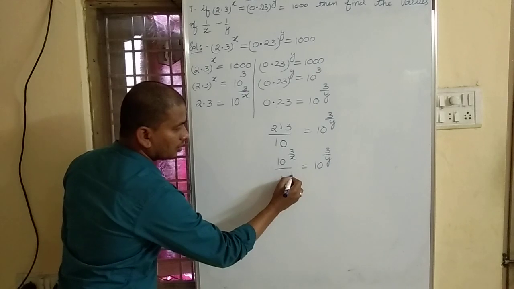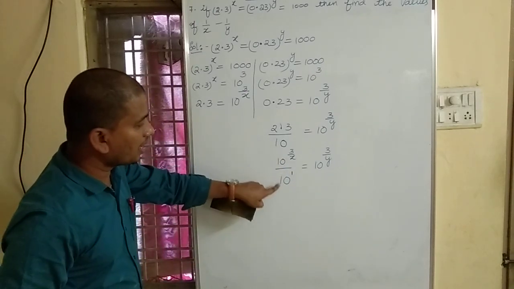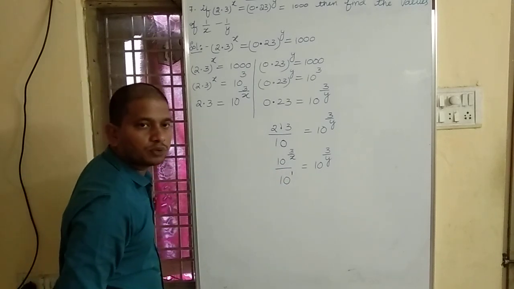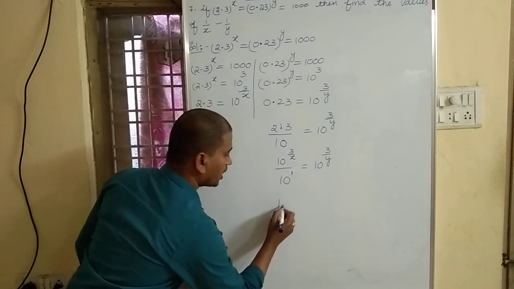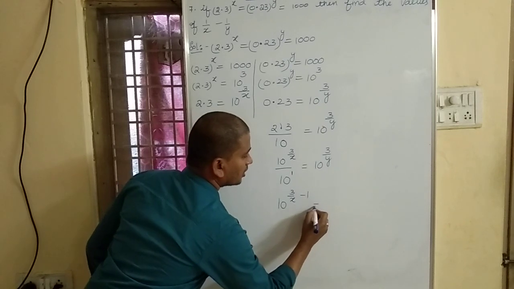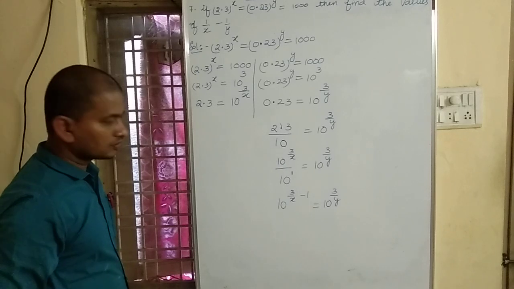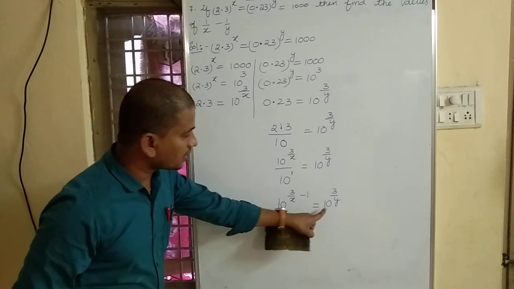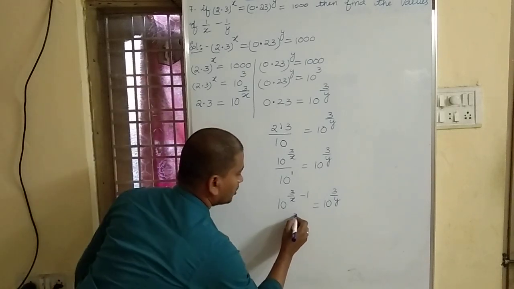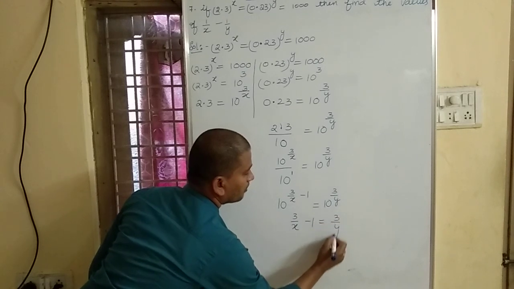Here 10 is nothing but 10 to the power 1. a to the power m divided by a to the power n: bases are equal, powers should be subtracted. 10 to the power 3 by x minus 1 is equal to 10 to the power 3 by y. Again, as bases are equal, powers should be equated. 3 by x minus 1 is equal to 3 by y.